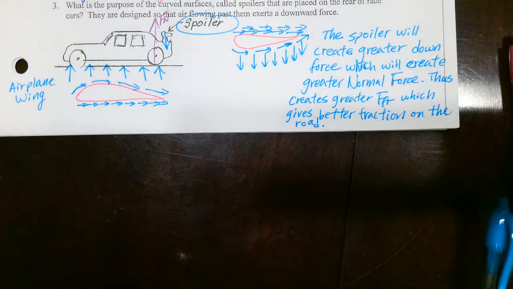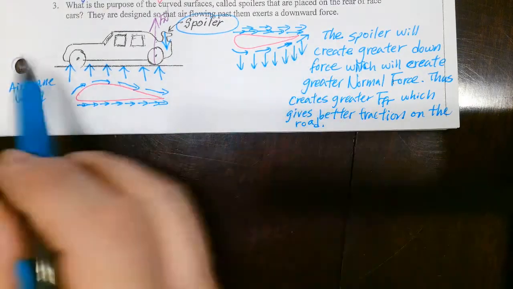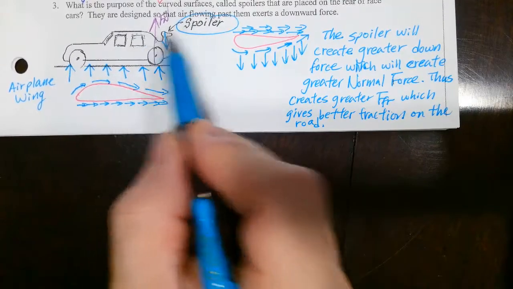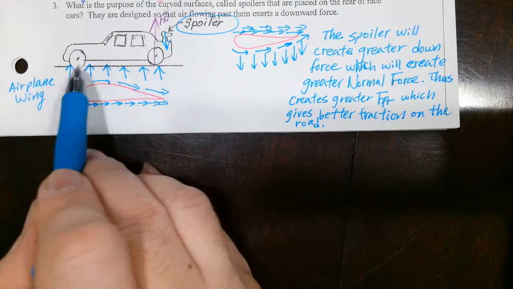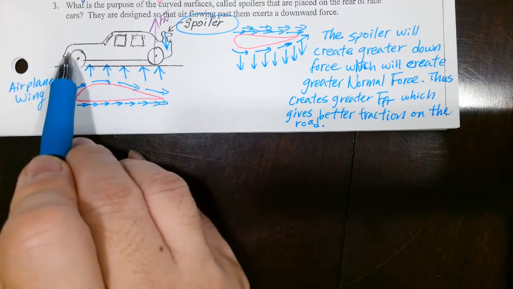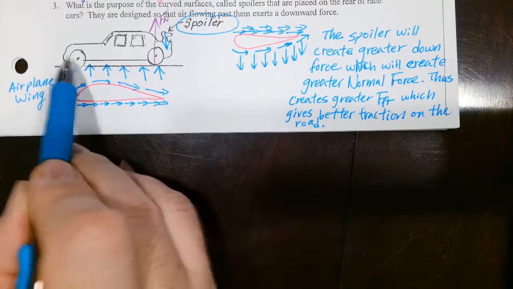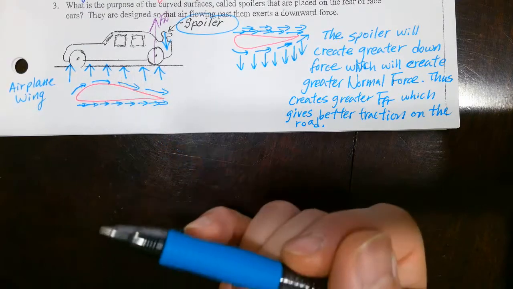Matter of fact, those Formula One cars have spoilers up in front and spoilers on the back. The whole car is designed with a scooped out bottom like this, so that it behaves like the opposite of an airplane wing.